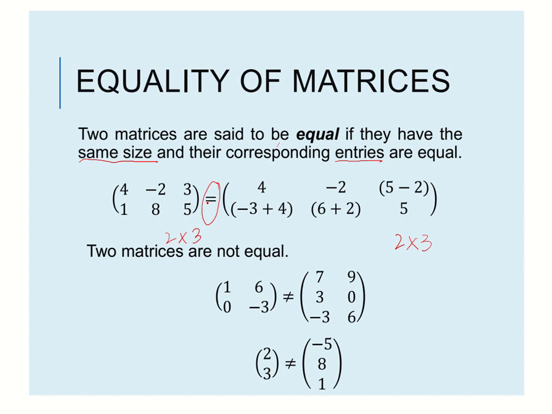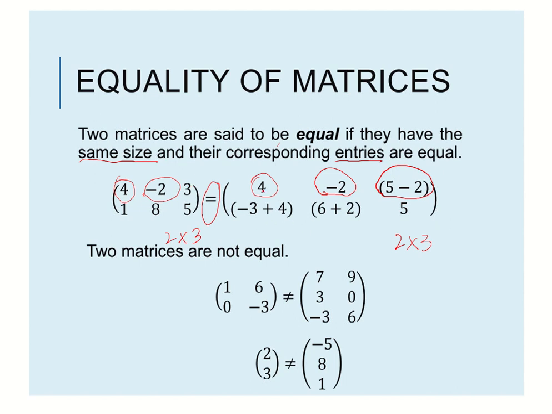Number 2, the corresponding entry must be equal. So it means that the entry for the first row, first column, right, is 4. So they are equal. The entry for the first row, second column, -2, so equal. And the entry for the first row, third column is 3, right?